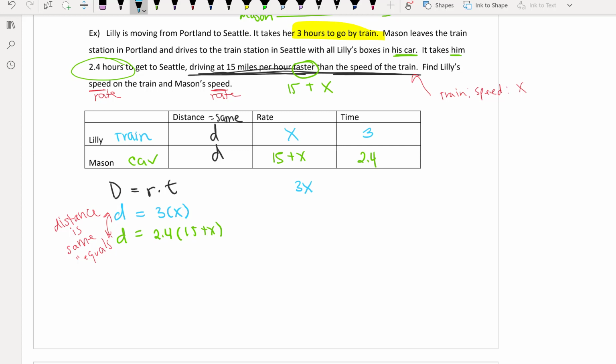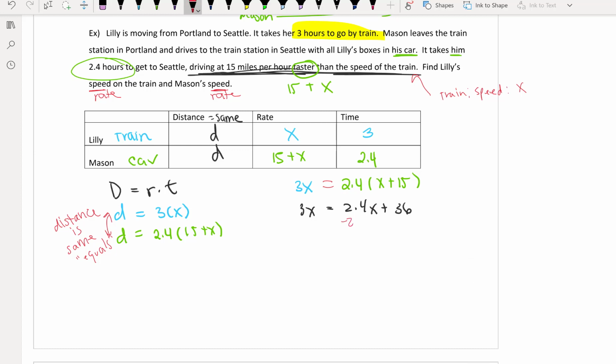So you have 3x, they are the same, so it is equal to that 2.4 times x plus 15. So I still have 3x, nothing's happened to it, and now I distribute 2.4x, and now I'm going to have my 2.4 times my 15, which is going to give me 36.